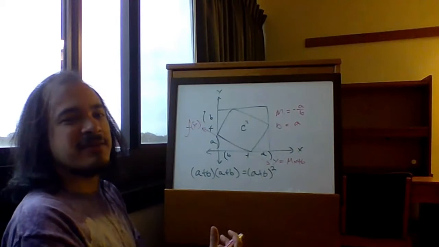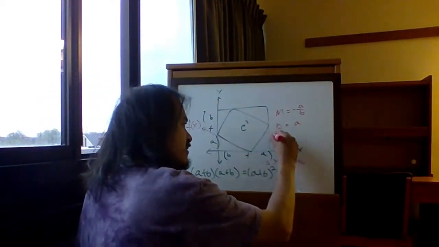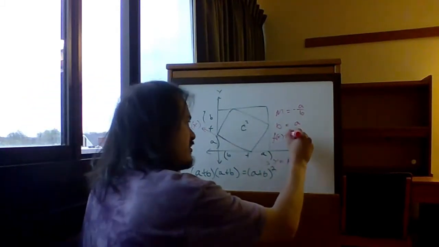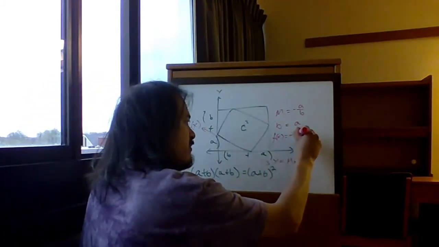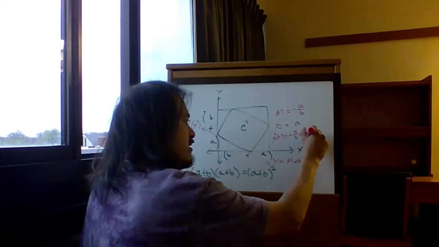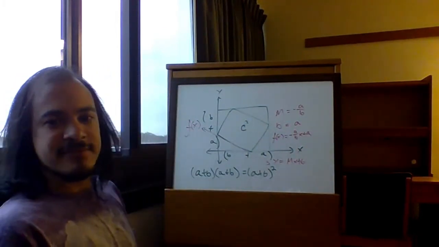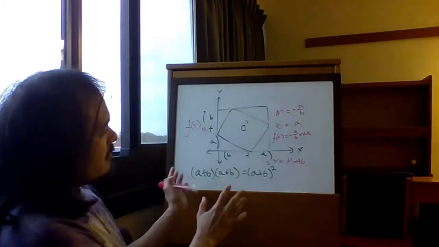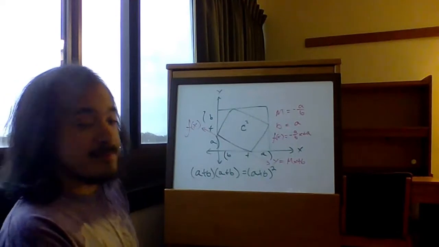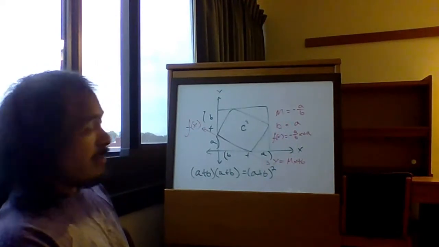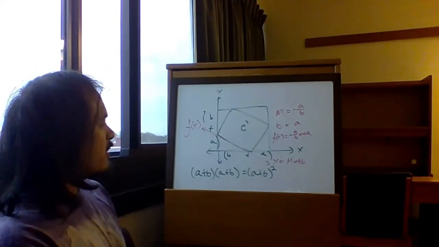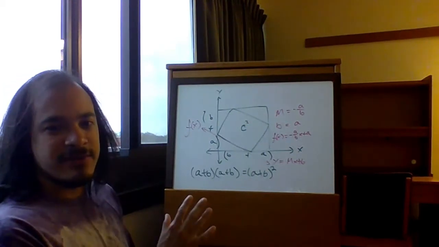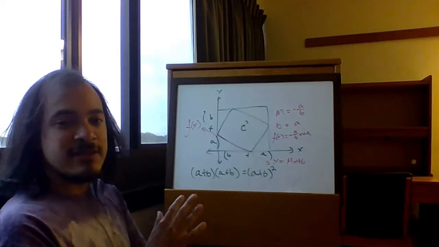So let's put everything together. We have f of x is equal to negative a over b x plus a. And this is really all that we need to know to get the area of a triangle, especially on this graph.